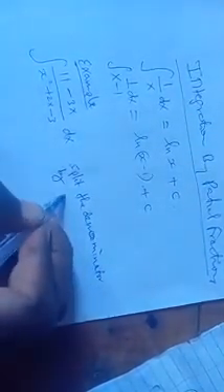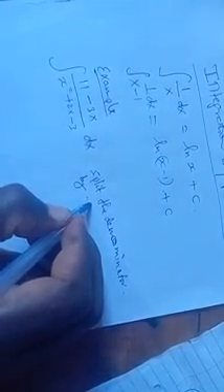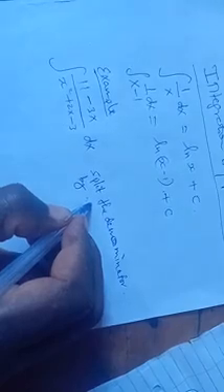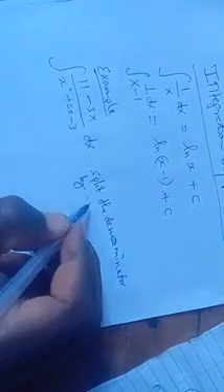So the first thing we'll do is we split the denominator by the quadratic method. The quadratic method we use here can be the quadratic formula, because this one is a quadratic expression. We can use the quadratic formula or we can use factors. Let's use factors.